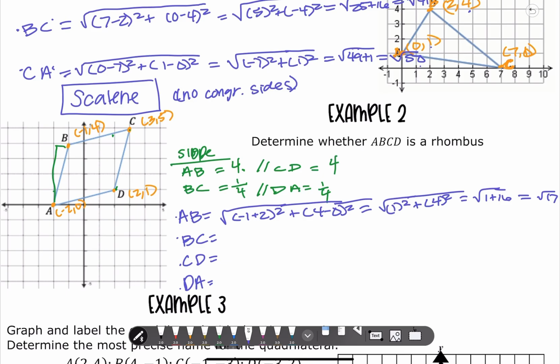Okay, let's do this next one, BC. So find the distance of BC. I would also recommend that you find the distance of CD. Right, so if you pause it and wanted to just double check, right here, I've got my work coming in.